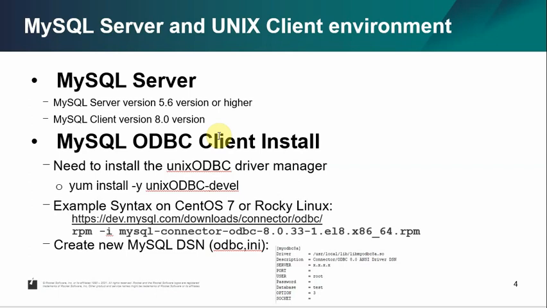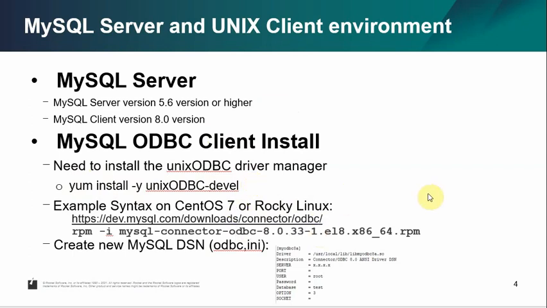But on Unix, it is a little different. On Unix, you need to install the UNIX ODBC driver. On Linux, it's pretty simple. You just run a command like yum install -y unixODBC-devel. It will install the UNIX ODBC driver manager.